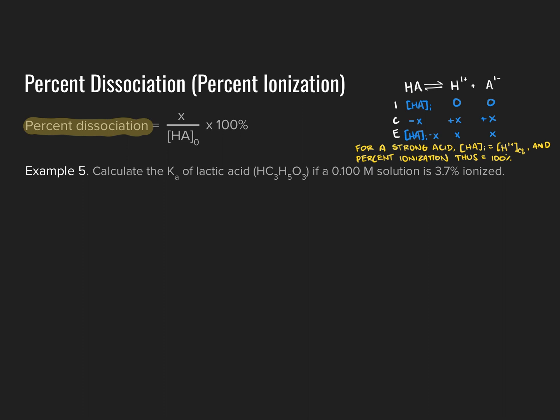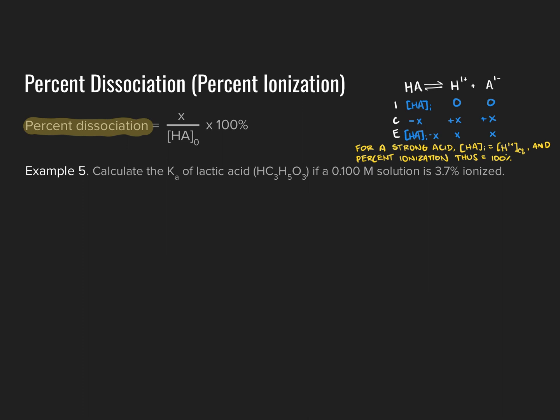So take a look with me now at example number 5, in which we're going to ask you to calculate the acid ionization constant Ka for lactic acid, that is the organic acid with chemical formula HC3H5O3, if a 0.100 molar solution of lactic acid itself is 3.7% ionized.